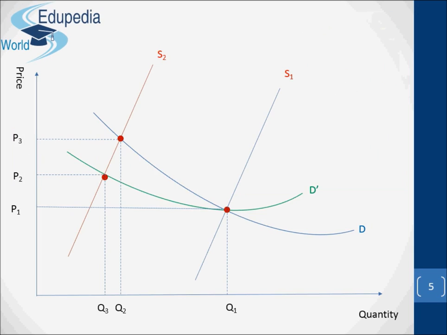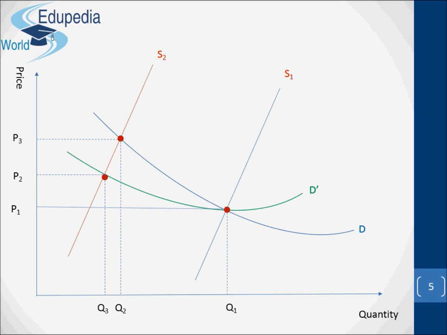This figure shows the effect of a shift in supply with two quite different demand curves. Curve D' is more elastic than curve D over any given price range.